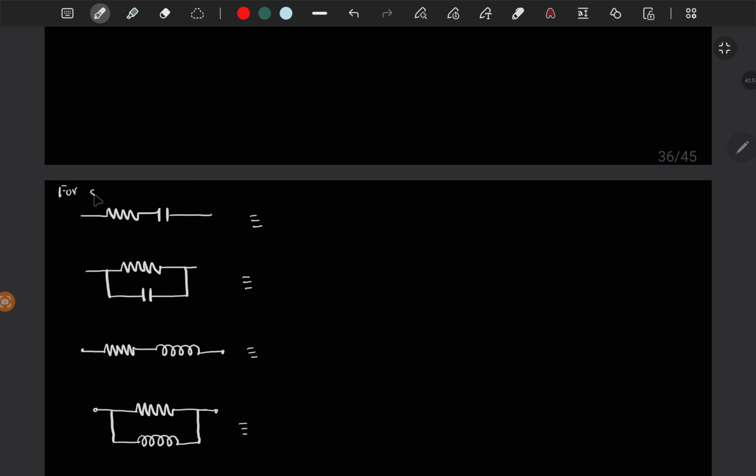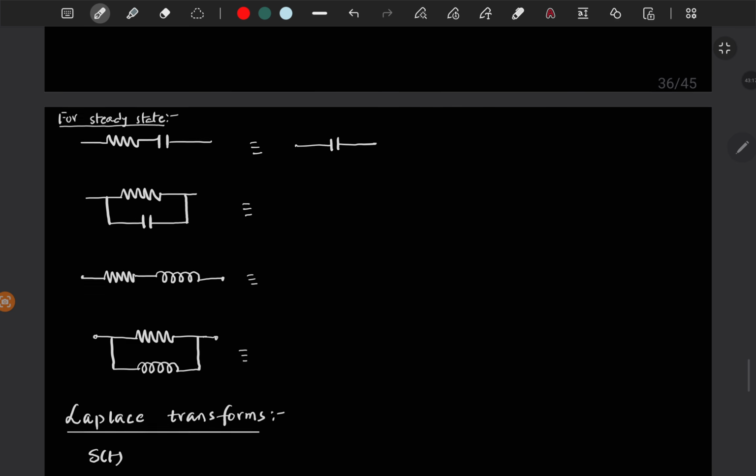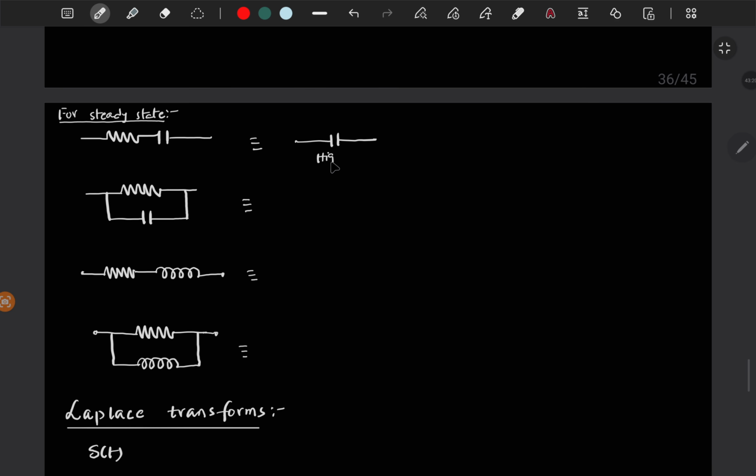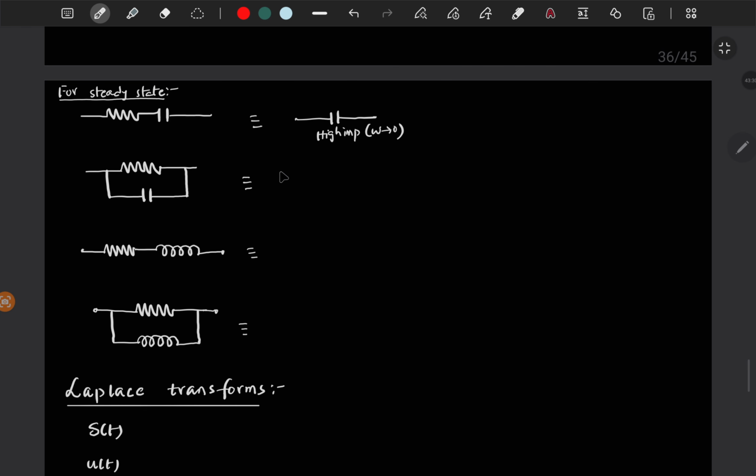So for steady states only, this is lower impedance, and this one compared to it is very high impedance. It's almost open circuited. So we represent it with the capacitor, which is high impedance as omega tends to 0, so it is open circuited and you have only a resistor.